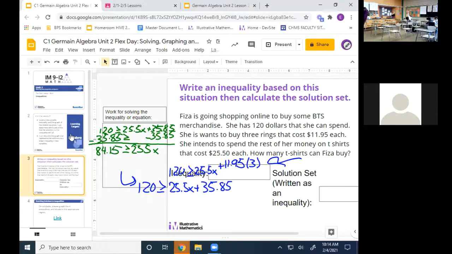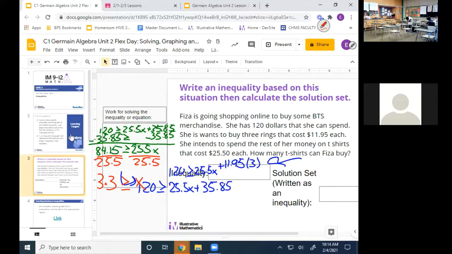Nice job. Very good. Divide by 25.5. So when you divide by 25.5, what's the value that you're going to get? Kyle. 3.3. And it would be is greater than or equal to x, right?